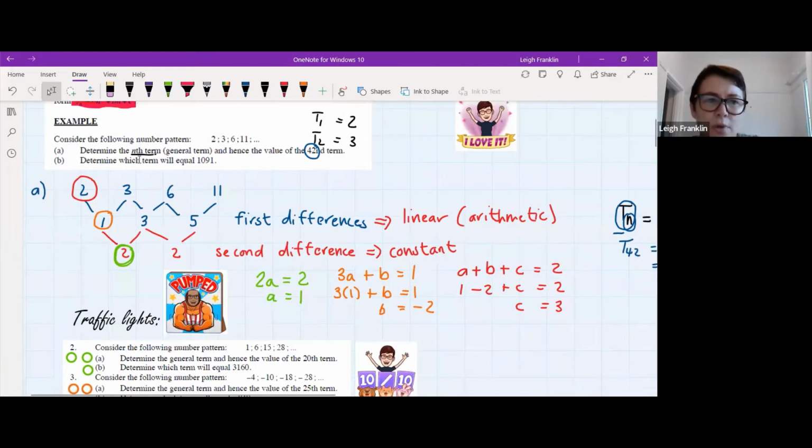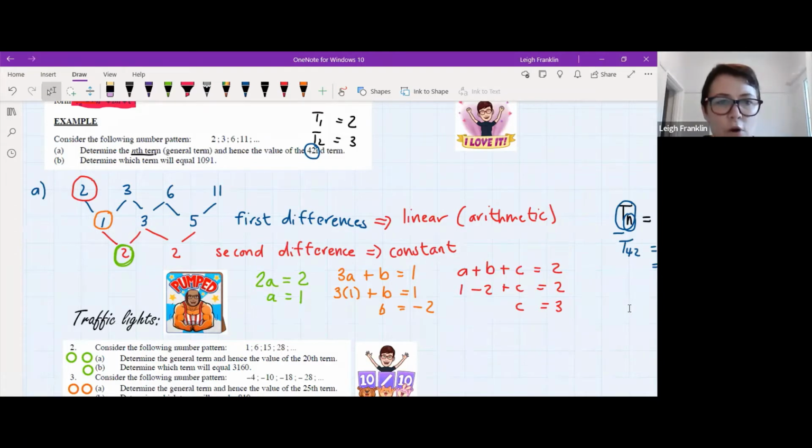It says, determine which term will equal 1091. So what letter are they asking us to solve for? And what does 1091 represent? 1091 is a what? Let's ask. Who have I not spoken to? Renewa.